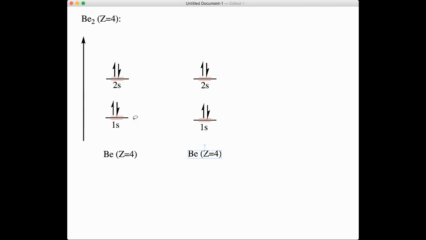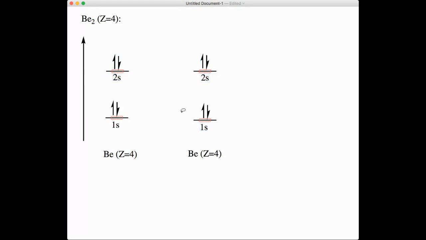So I will combine both 1s and both 2s. Remember the linear combination of atomic orbitals: we combine orbitals that are similar in energy. That's important to keep in mind. That's why we combine shell number 1 with shell number 1 and shell number 2 with shell number 2, because they have the same energy levels.